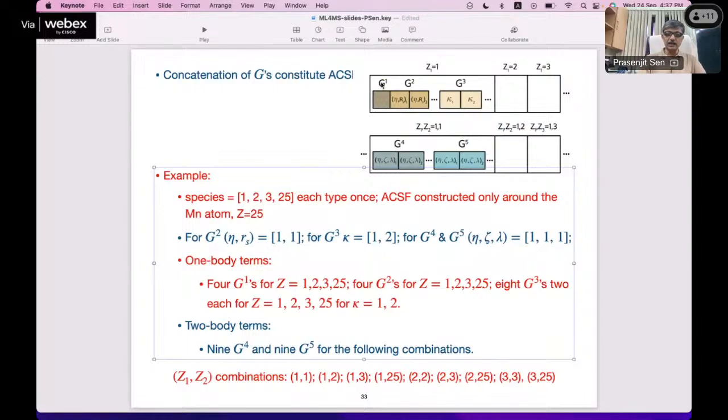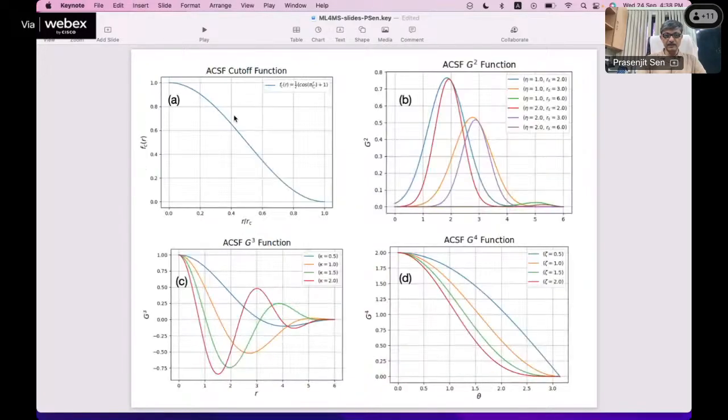G1 just depends on the cutoff function. So once you have defined your cutoff radius, that is fixed. This is the cutoff function we talked about, and RC is the cutoff radius. Depending on your system and your chemical intuition, you fix some cutoff radius.